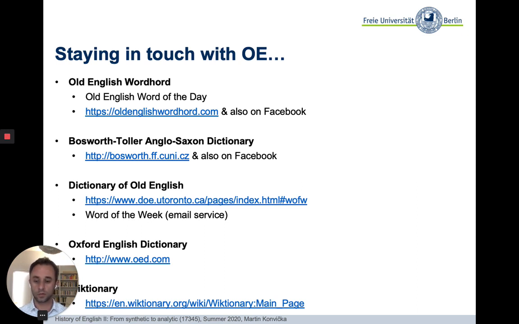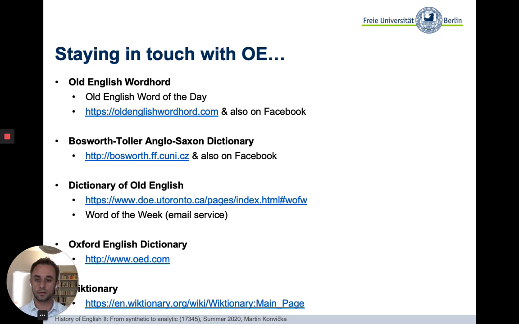And what's also nice is the Wiktionary page, where you have many details on the development of English words. Right, so there is fairly detailed information on the etymology of different words.